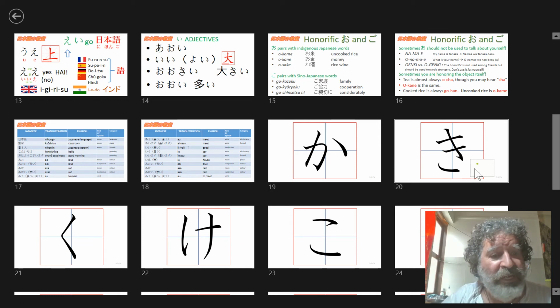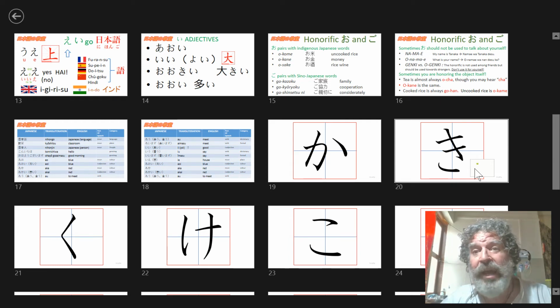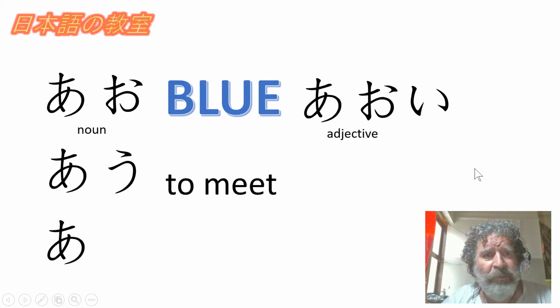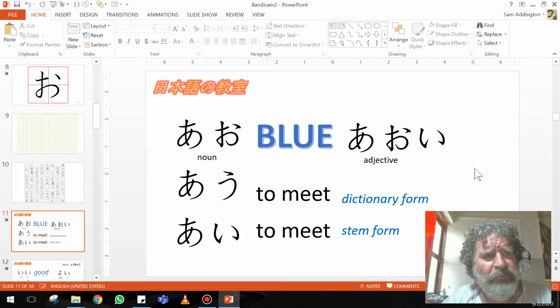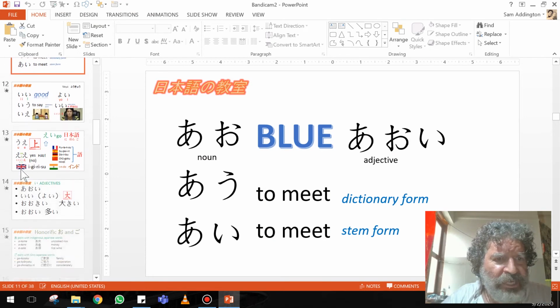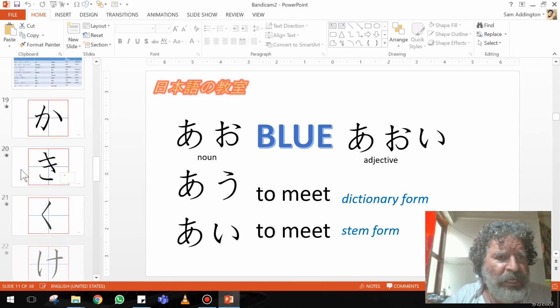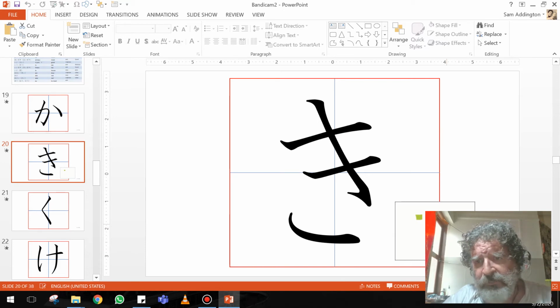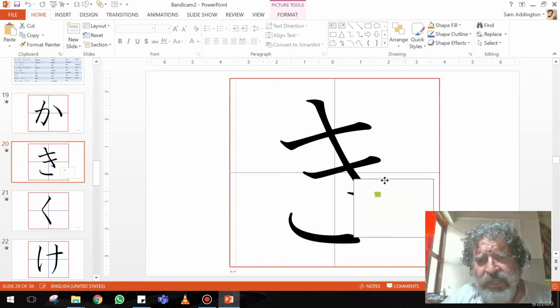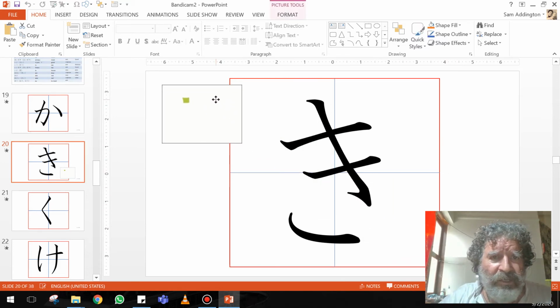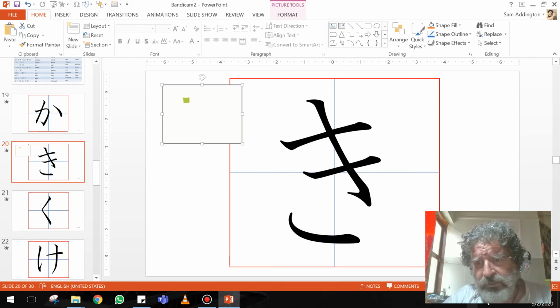This will be the first time that I leave my slideshow. I think in our next class, I'm going to start out on my computer and show you how to install a Japanese keyboard. So right now, I will escape from this. And we're going to go down to this key. We're going to move this up here because it's interfering. Okay, we'll go back to the slideshow.